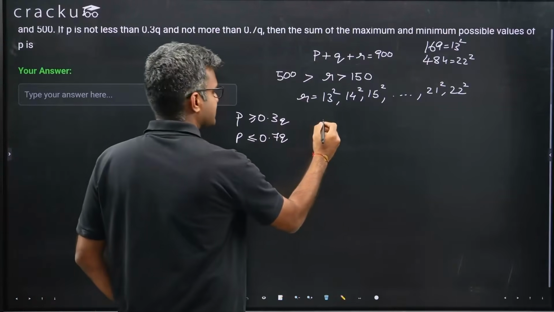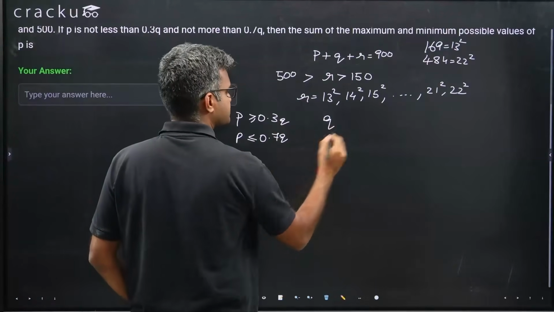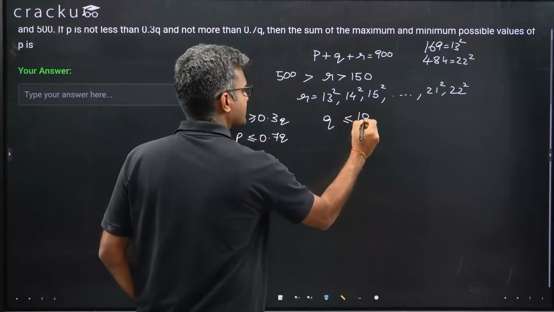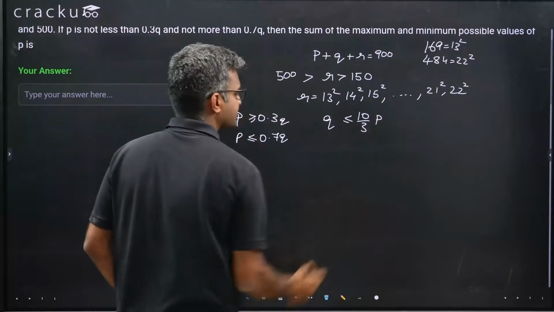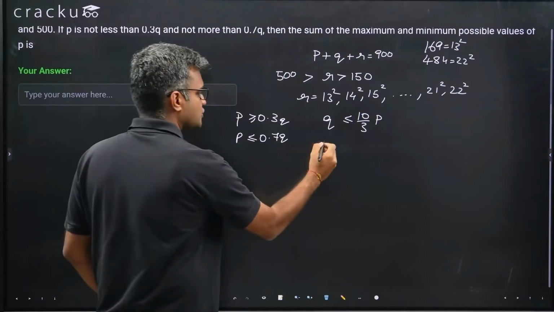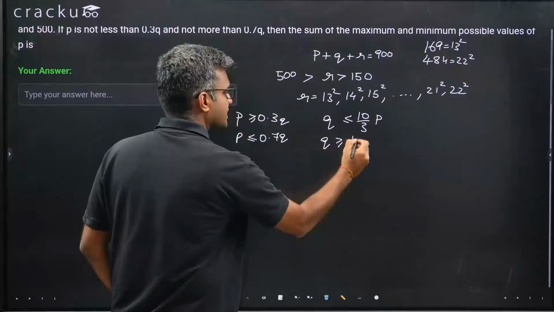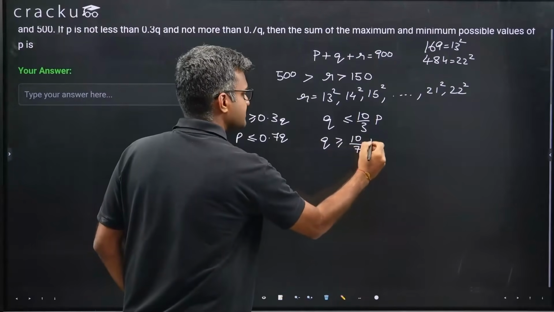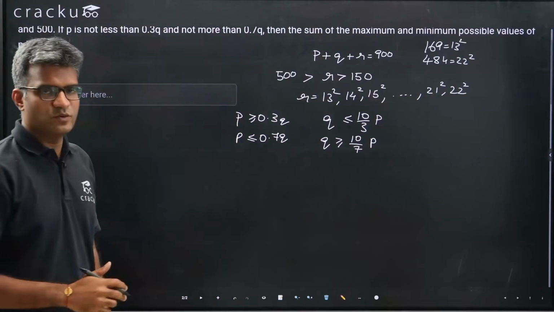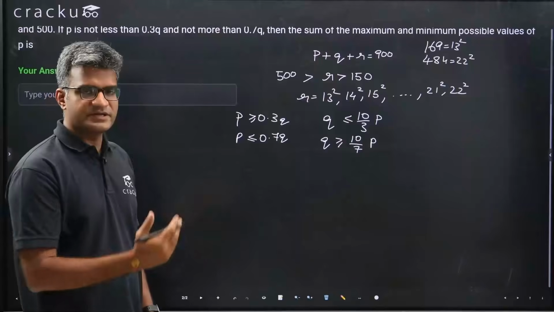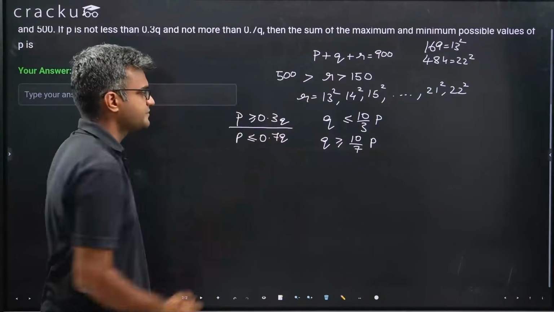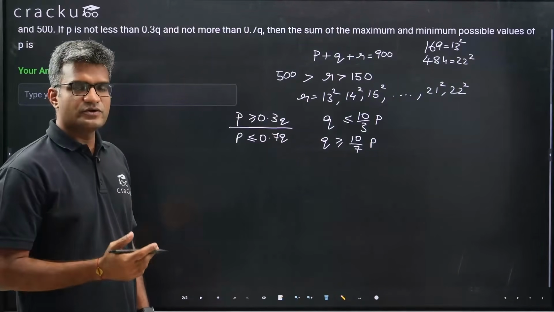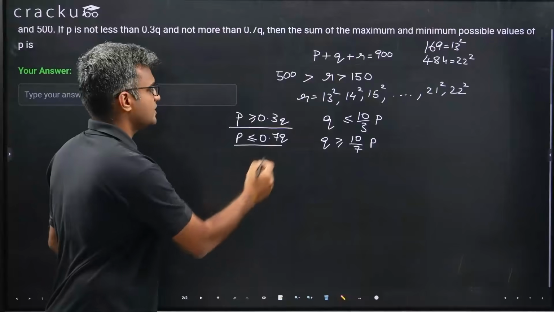It means that q is, from this equation, less than or equal to 10 by 3 p. From the second inequality, q is greater than or equal to 10 by 7 p. These are the values of q. It is less than or equal to 10 by 3 p from this inequality, and it is greater than or equal to 10 by 7 p from this inequality.